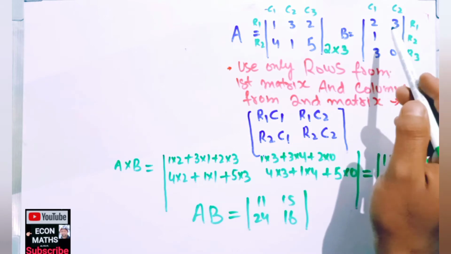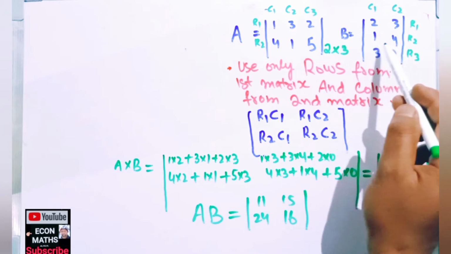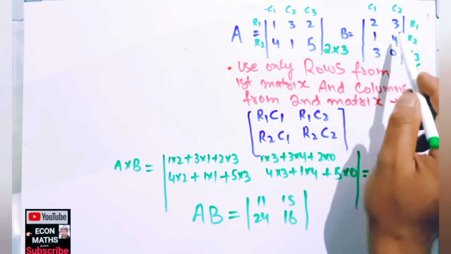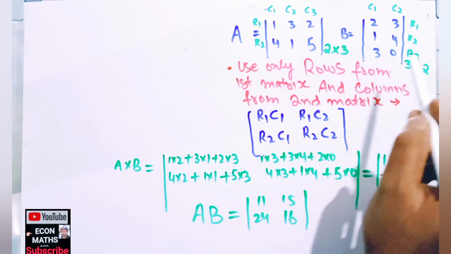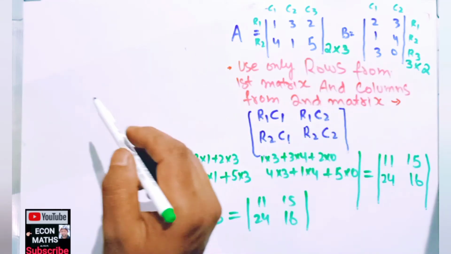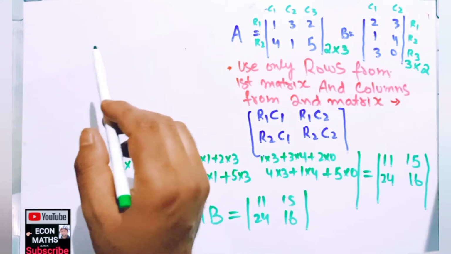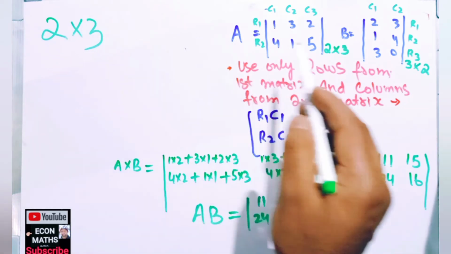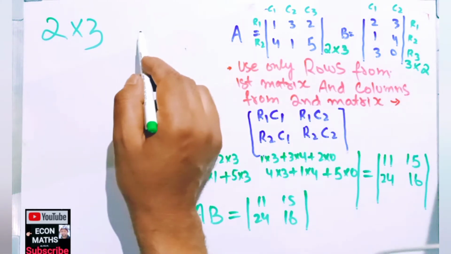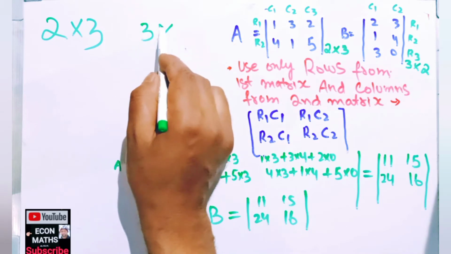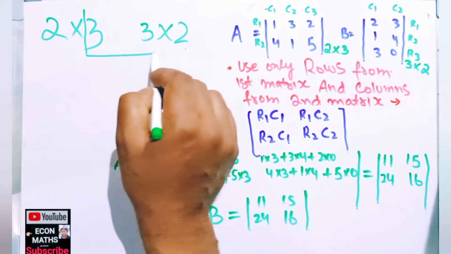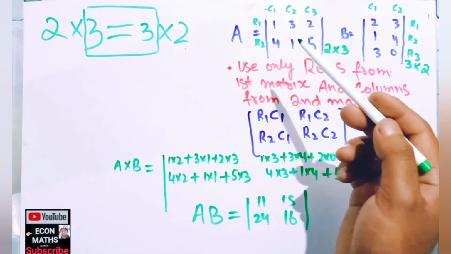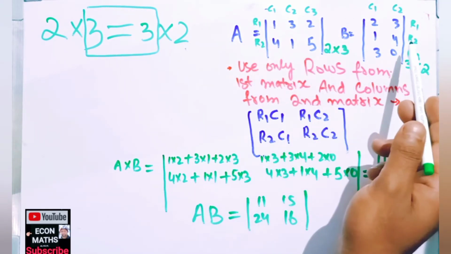Similarly here the number of rows was 3 and the number of columns was 2. For conformability we take the dimension of the first, that is 2 into 3, and the dimension of the second, that is 3 into 2. Since these two are equal, we can say that these two matrices are conformable.